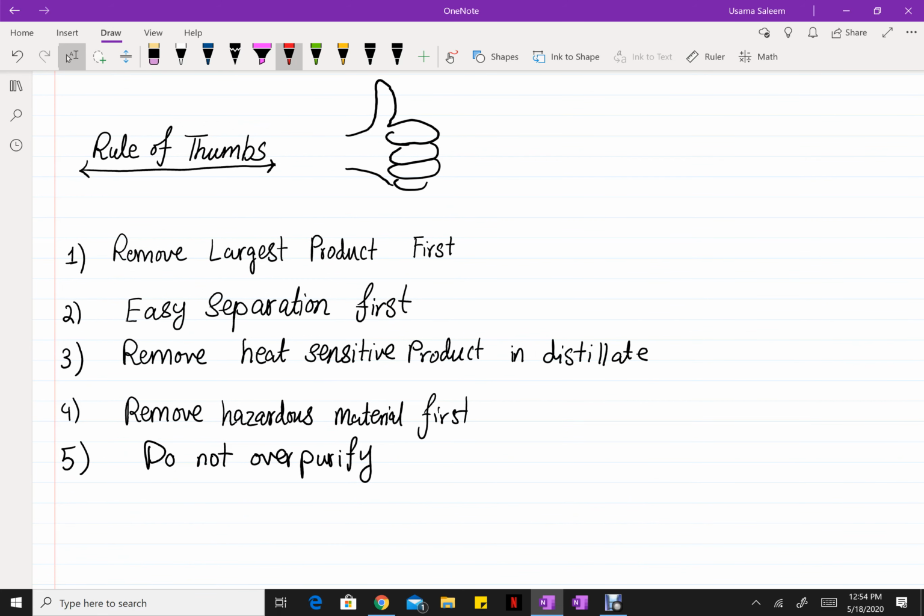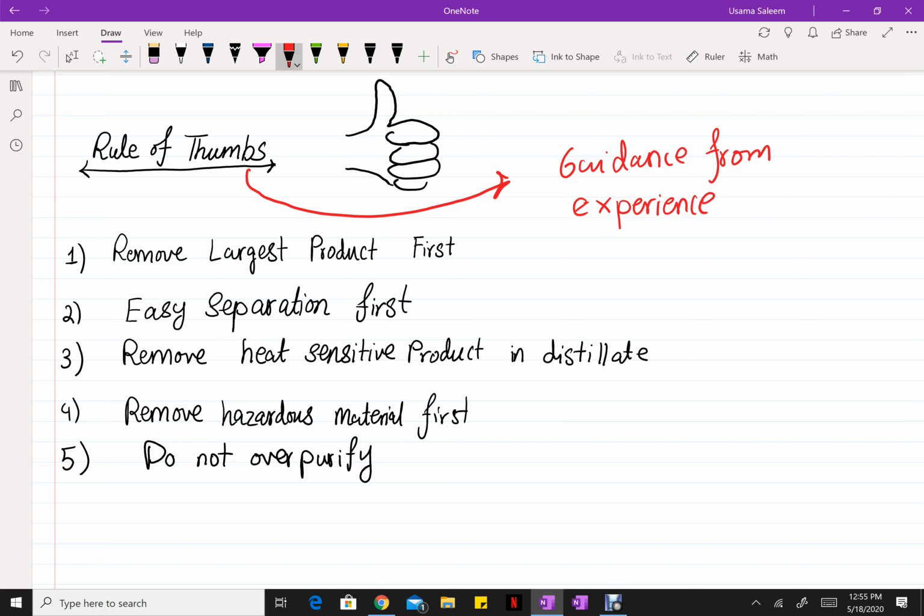Now rule of thumb basically means, seniors are going to hear this word thrown around a lot in their final year. Rule of thumb basically means guidance from experience. Some people thought certain things worked in the past and they've shown to work, so they just stuck with some conventions.